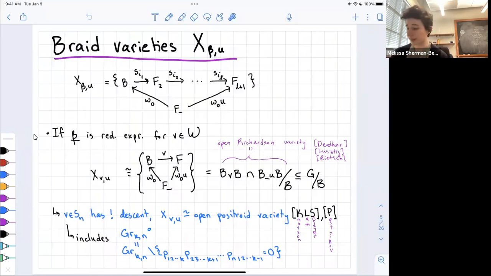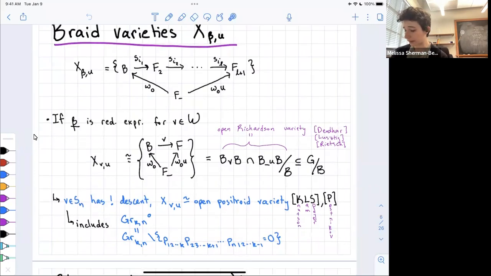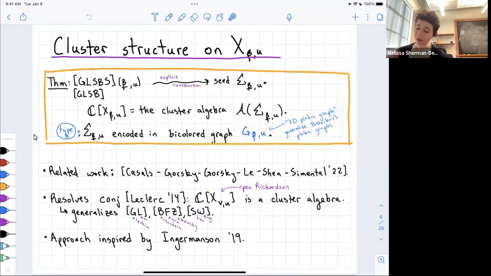Okay, so that's braid varieties. Now let me tell you first what our result is, and then I will demystify it. I promised that I would tell you about a very nice combinatorial structure on the coordinate ring of a braid variety.